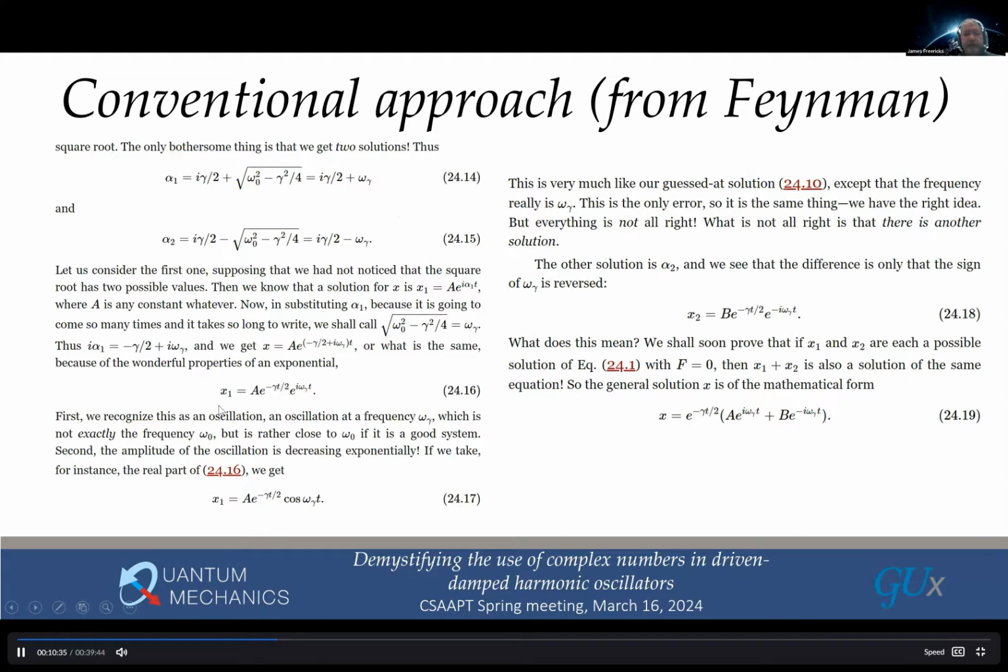And if you put that together into the position operator, you see it takes this form: A e to the minus gamma t over 2 e to the i omega t. And if you take the real part of that, you see that you get something that's a nice real result. He then talks about taking the second answer, putting it together, and of course, you'll take the real part of this, and you'll get a general cosine with a phase shift when you do that. So that's sort of the standard way that it's done.